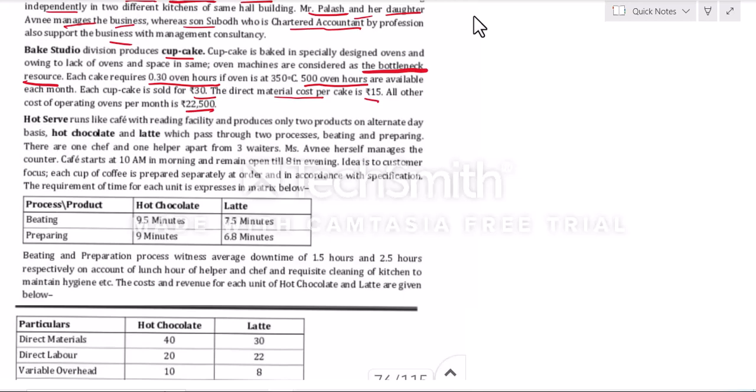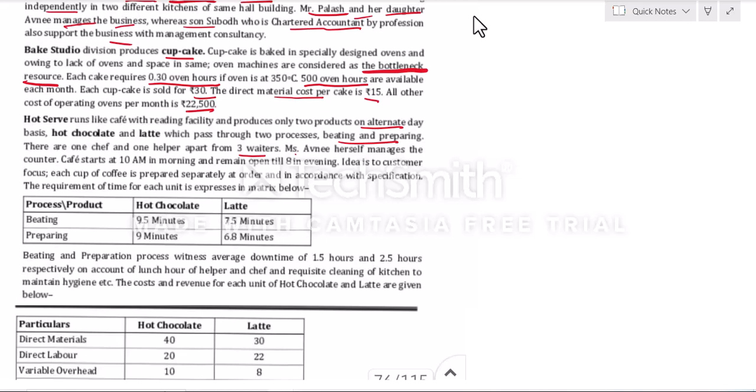Hot Serve runs like a cafe with reading facility and produces only two products on alternate day basis, hot chocolate and latte, which passes through two processes, beating and preparing. There is one chef and one helper apart from three waiters.